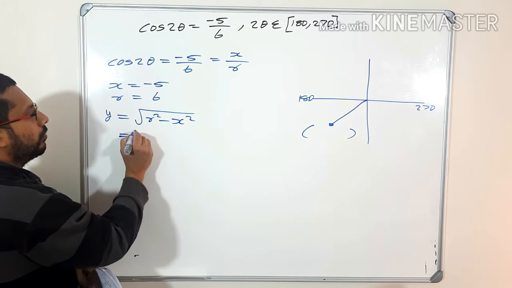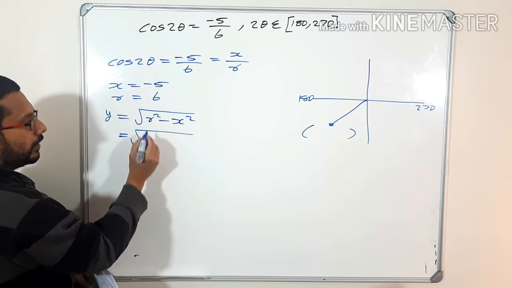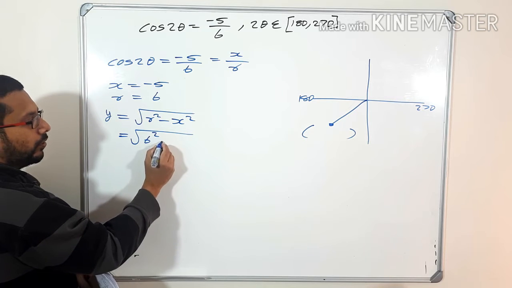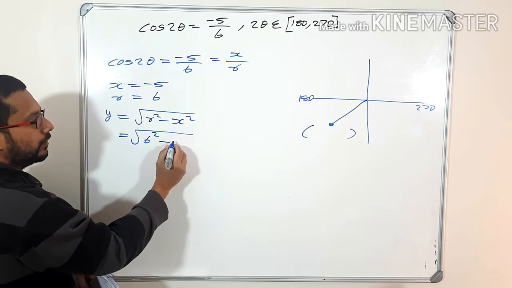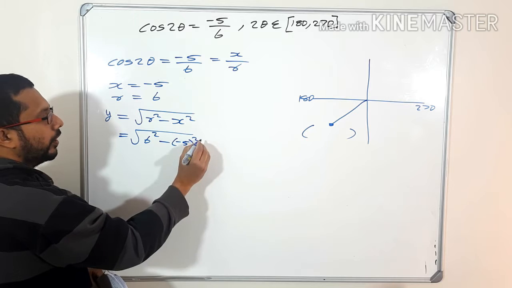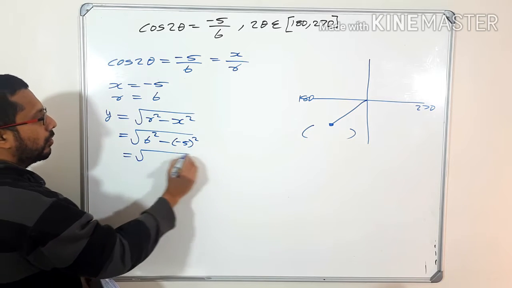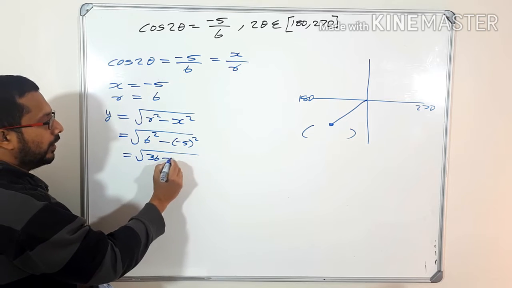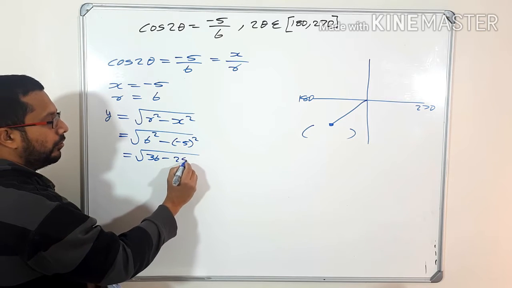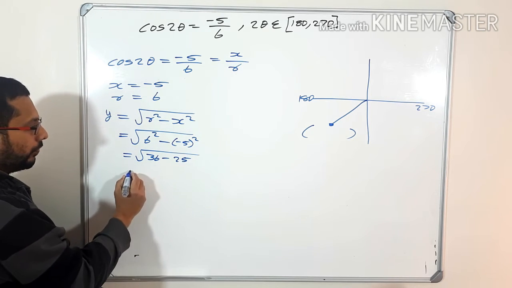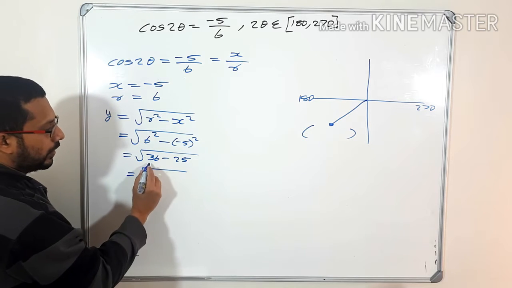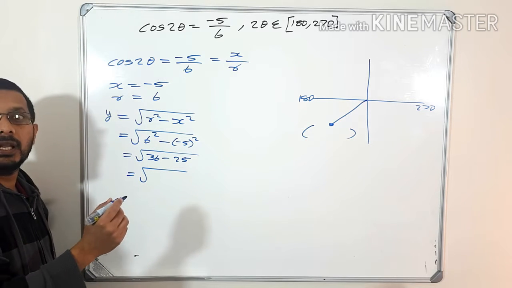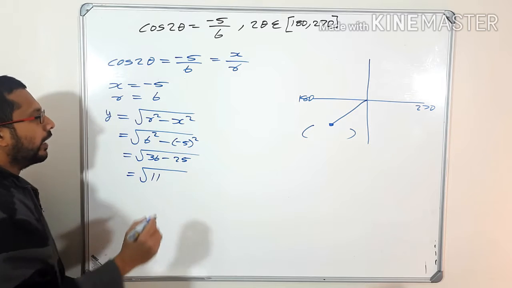That means root of 6 squared minus minus 5 squared. So it is root of 36 minus 25. What is 36 minus 25? 11.